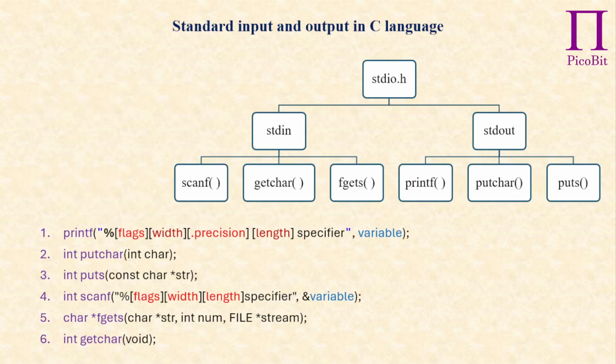Standard input and output in C. In C, a standard input stdin and a standard output stdout are the primary mechanisms for interacting with the user. These operations are handled through standard streams, which allow the program to take input and display output. stdin includes scanf, getchar, and fgets functions. stdout includes printf, putchar, and puts functions.